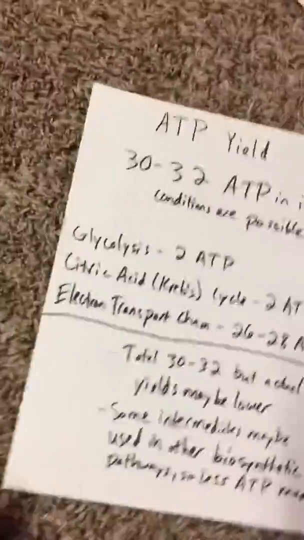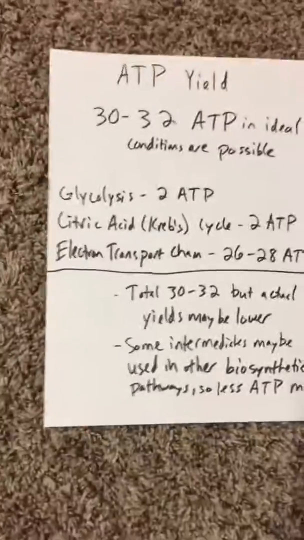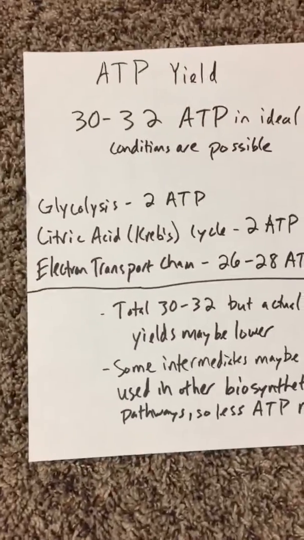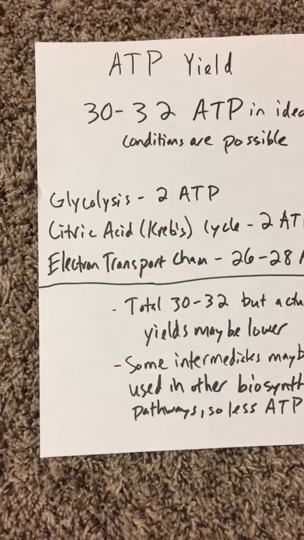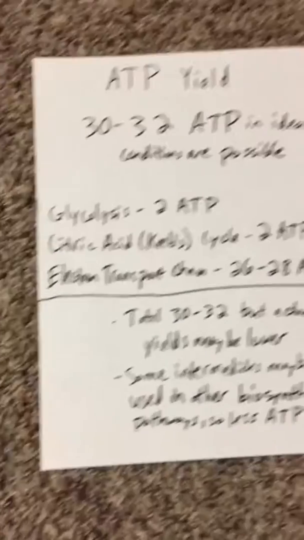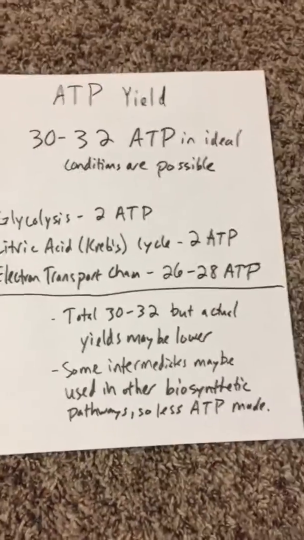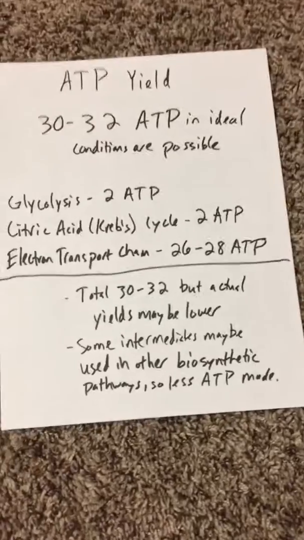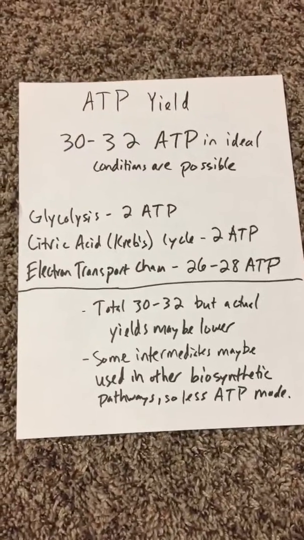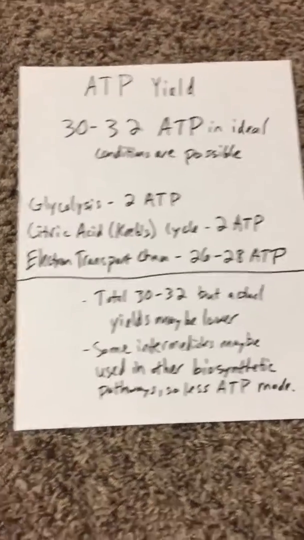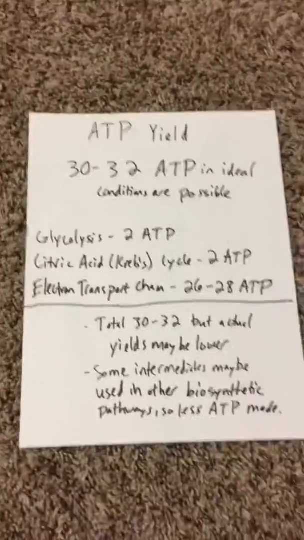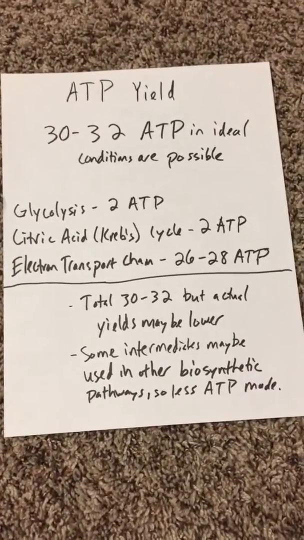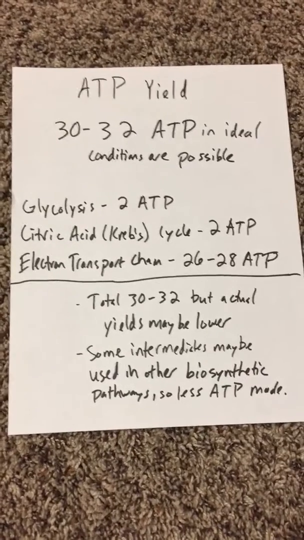So let's talk a little bit more about ATP yield. What do we have here? What did we come up with after all this? So the current estimates are that the maximum yield for a molecule of glucose, that's one molecule, is around 30 to 32 ATP. If you look it up in a textbook or online, sometimes you'll find different numbers. The current estimates, and I found this on the Khan Academy website, are 30 to 32 in ideal conditions.